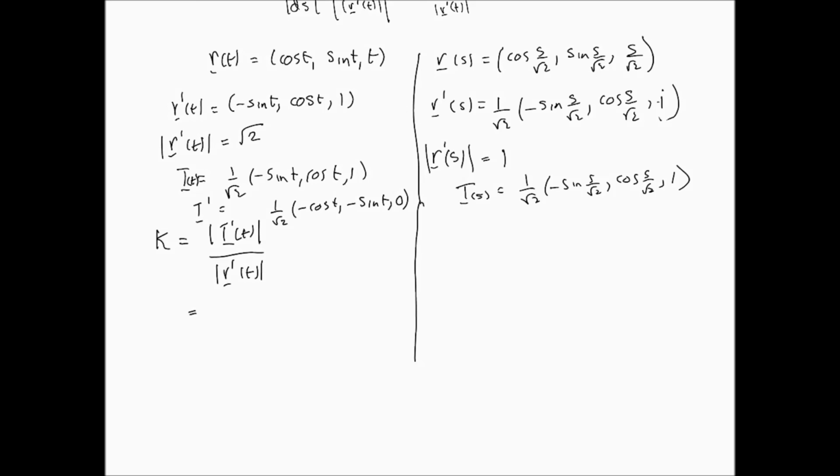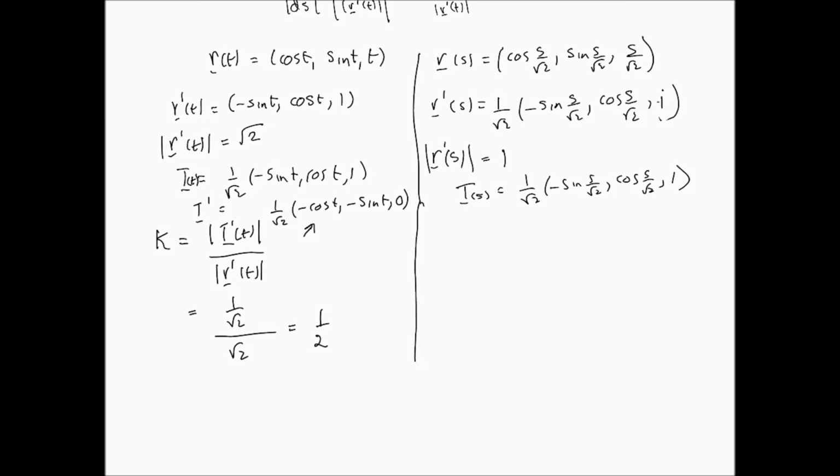Okay, so therefore the size of that is what we'll put here. So the magnitude of this vector here turns out to be cos square t plus sine square t is 1 plus 0 is 1, square over square root 2. So that's just going to be 1 over square root 2 divided by square root 2, which turns out to be 1 over 2.